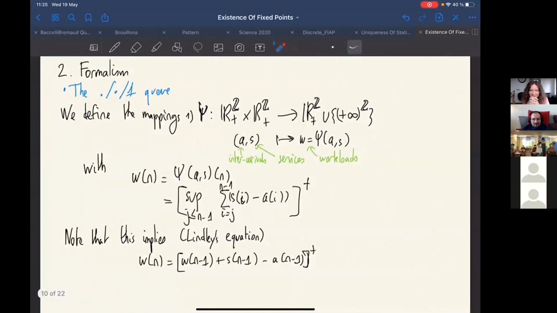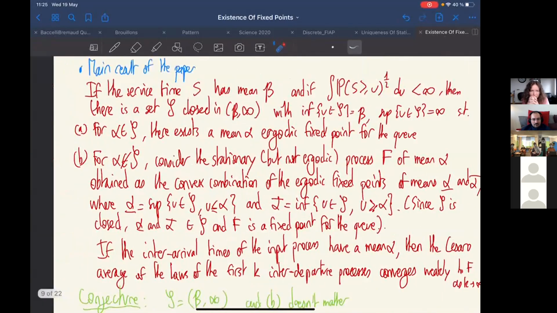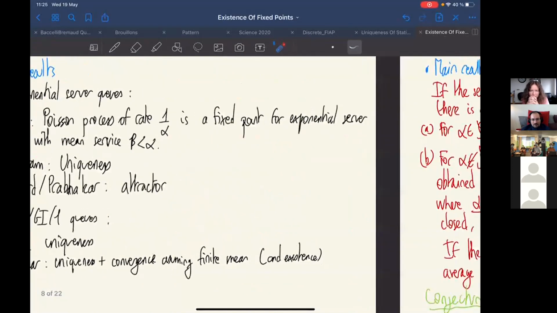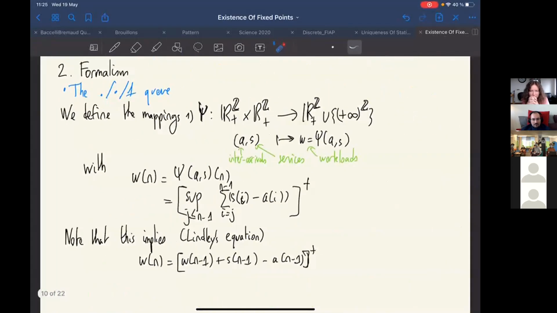So now let me introduce the formalism for the GIQ. The idea here is to take this idea of a fixed point and formalize it, in order to be able to state a mathematical result for fixed points formally. So the idea is to define a queue as an input-output map.